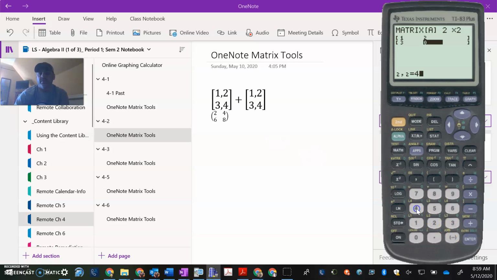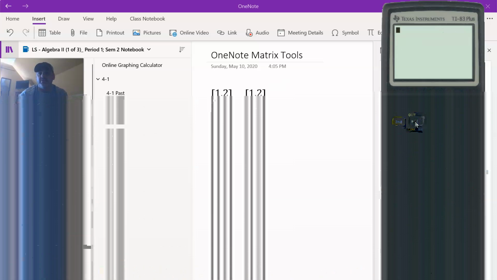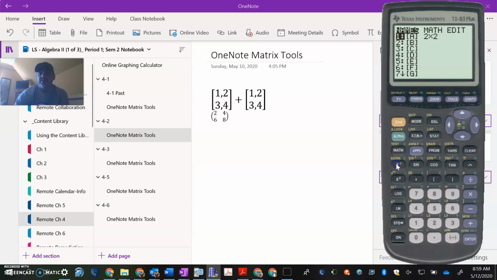Okay. So we can actually just leave matrix A as is. If you want to type in matrix B, you can. If you wanted to do that, I also recommend that you quit the menu and then go back into the matrix, and then you can edit matrix B if you so choose to do it that way.